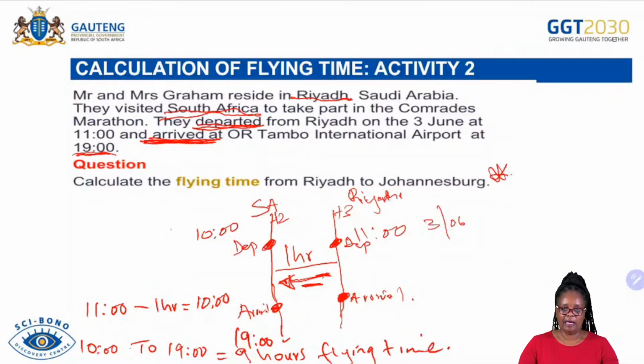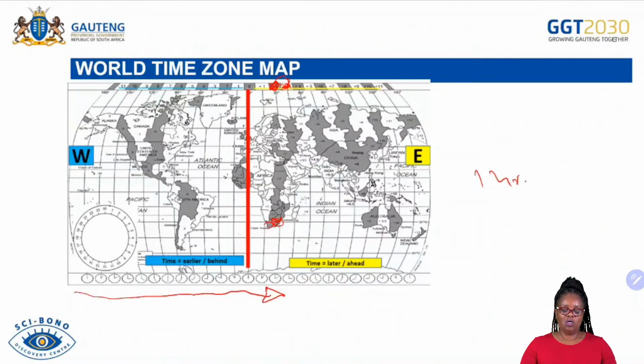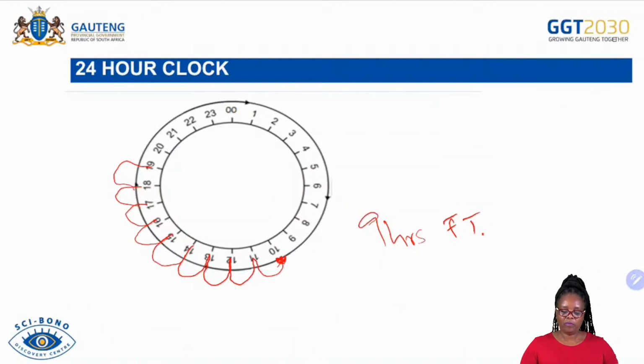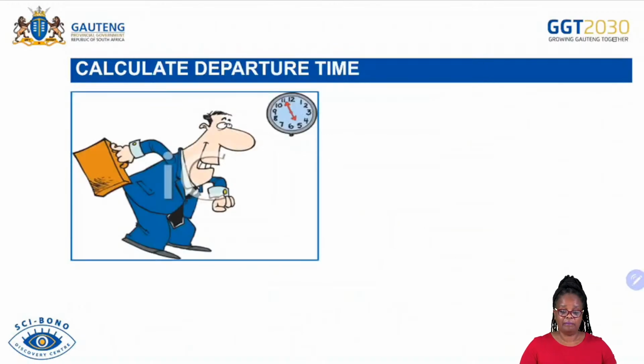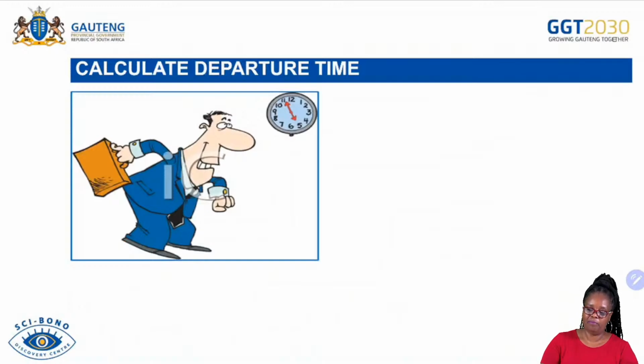So these are the examples of the flying time that we have done. I want us to do the next one, which is the departure time. Let's calculate departure time.